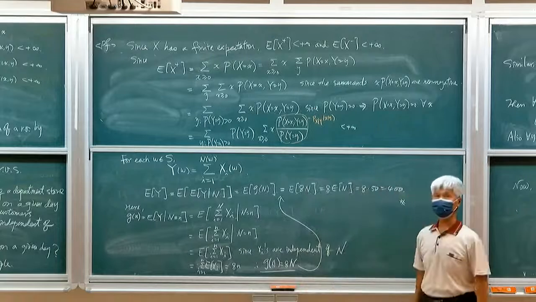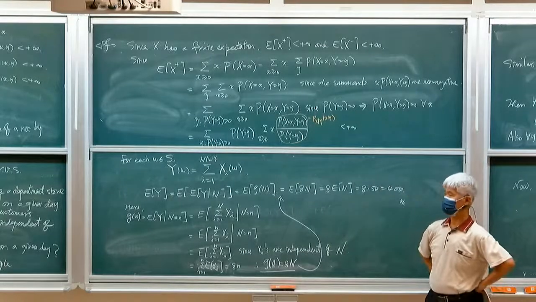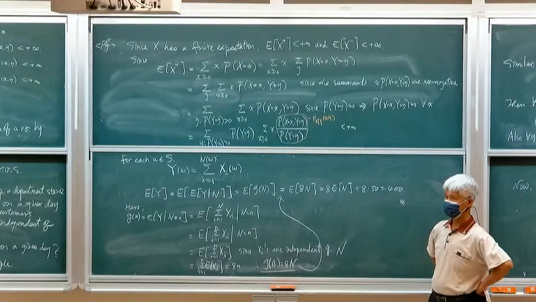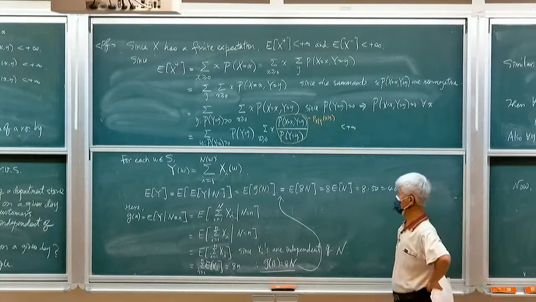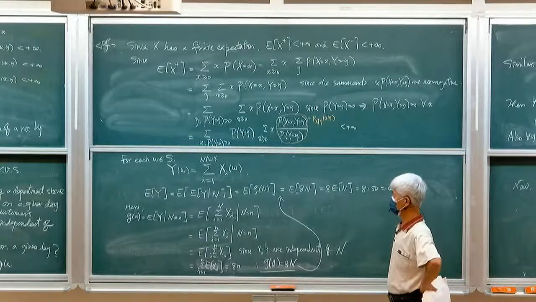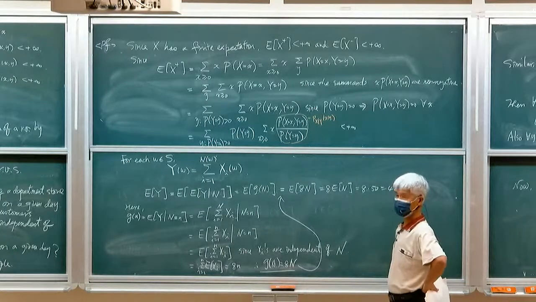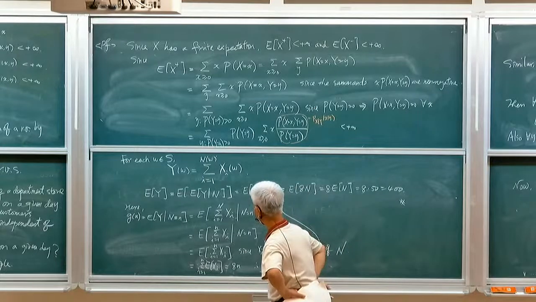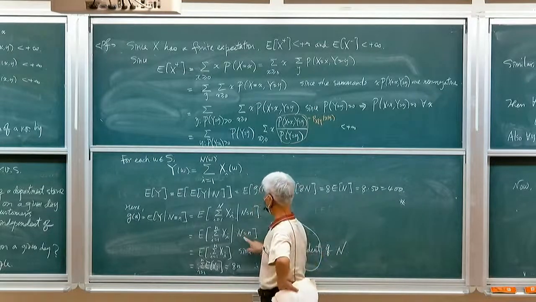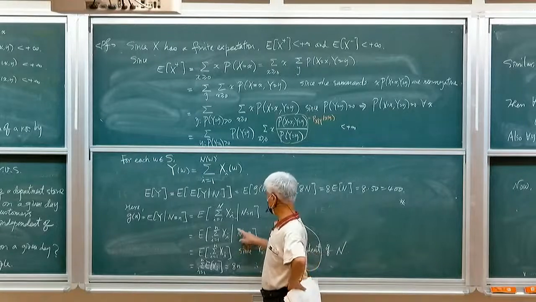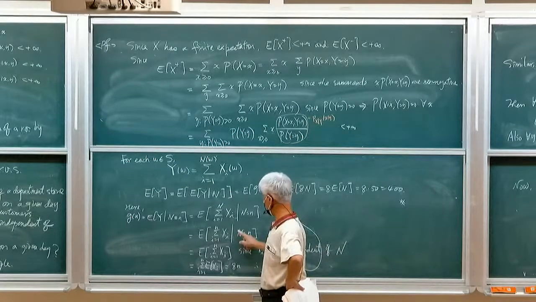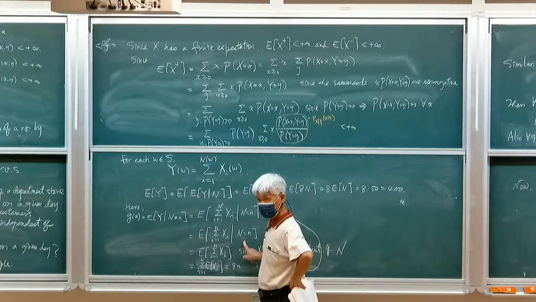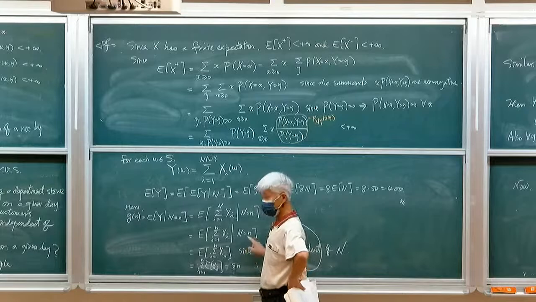Any questions? Because we already know that given that capital N equals little n, we know the number of customers entering the store is little n.